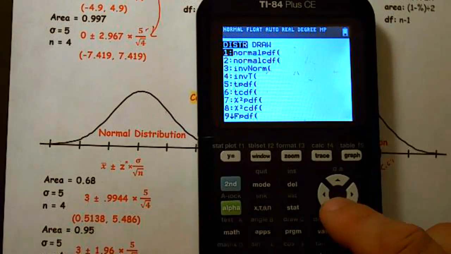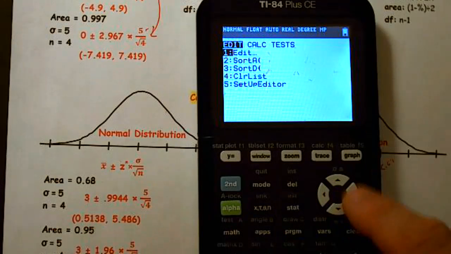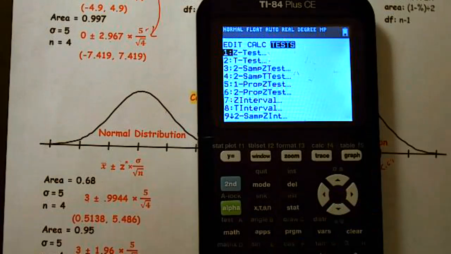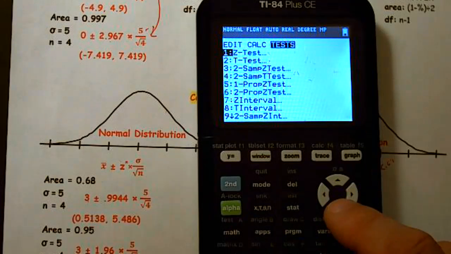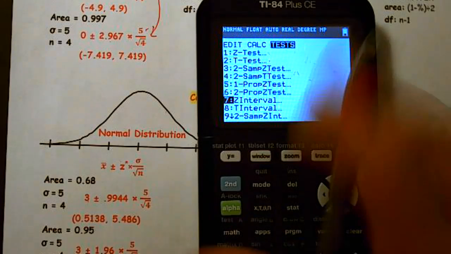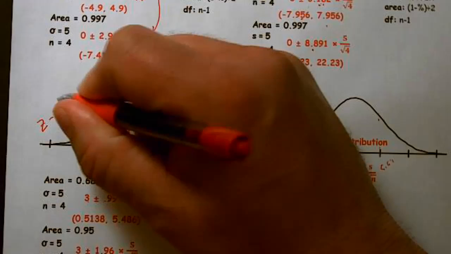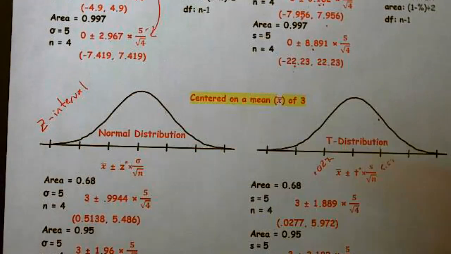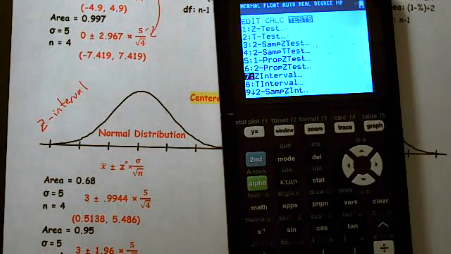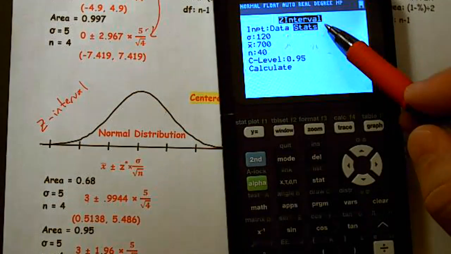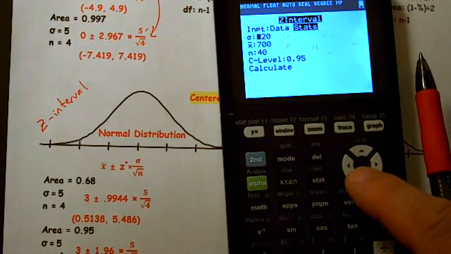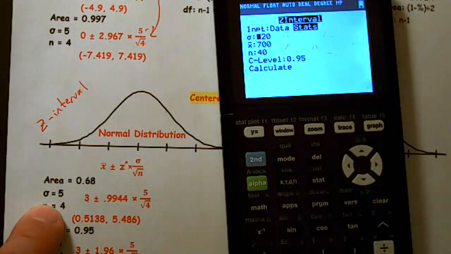Second vars, stat, test, and I'm going to go to a z interval. Let's look at number 7. So choice number 7 is z interval. And I'm going to press enter. I want stats to be highlighted. My standard deviation happened to be 5.